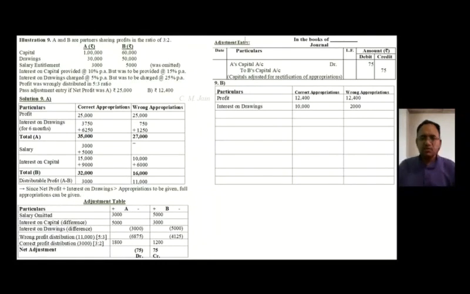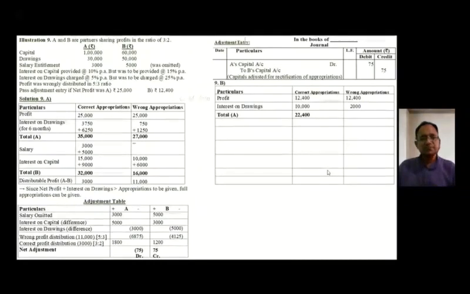Now we'll add these two things, profit and interest on drawings, total A. Correct appropriations: 12,400 plus 10,000, so 22,400. And wrong appropriations: 12,400 plus 2,000.